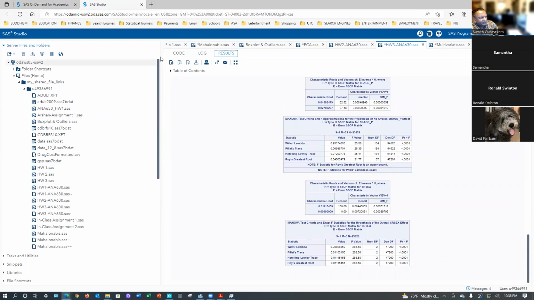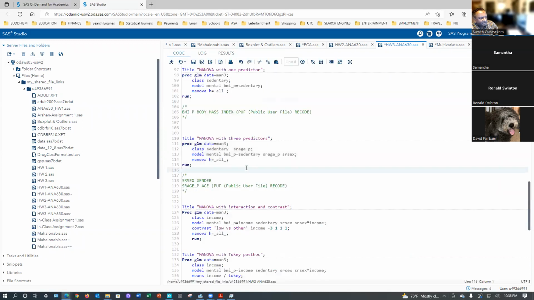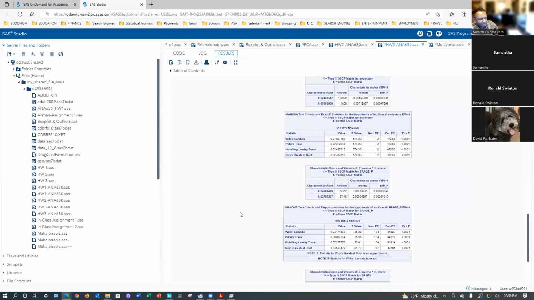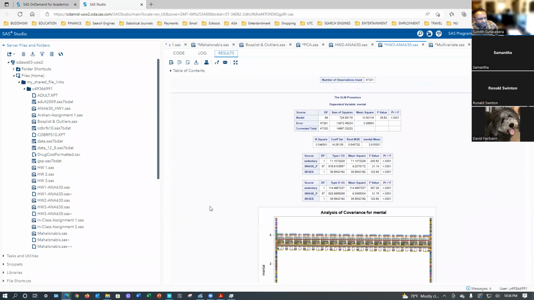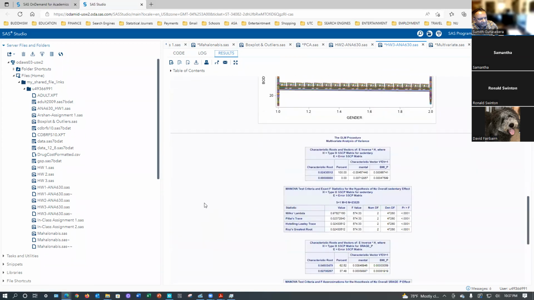Mainly we can look into this one. This is the age, this is gender. I just keep it like that. Then this one, sedentary versus this one, the age versus this one. What about this picture over here?